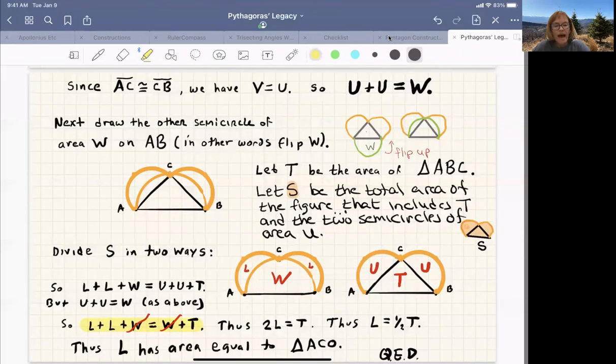We see that we have a W on both sides of this equation. So let's go ahead and subtract W from both sides.